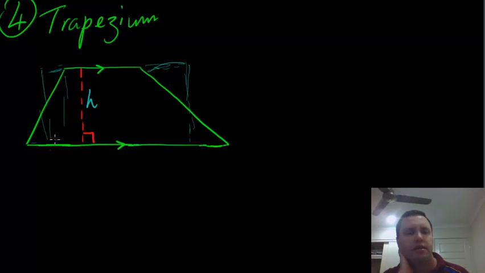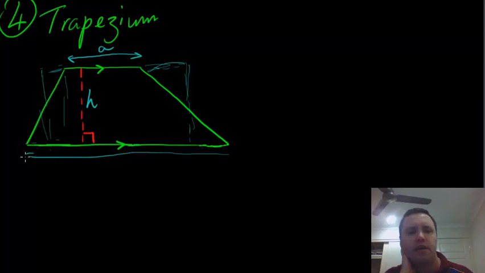Okay, right, so what we end up doing is we find the average of, let's call this length A, and this length here we're going to call B, we find the average of these two, and multiply it by this perpendicular height.